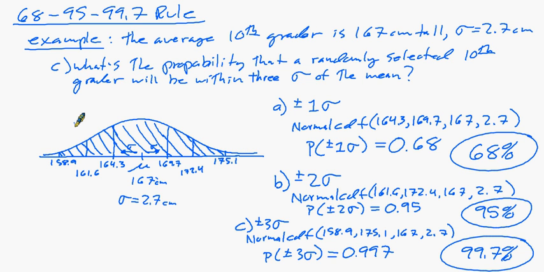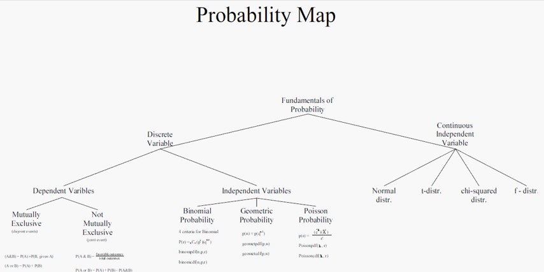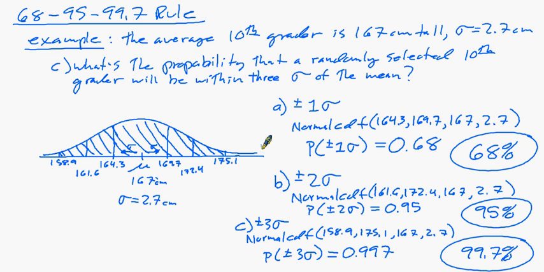As you can see on your probability map, there we go. Normal distribution is just the first. We have t distribution, chi-squared, f distributions. There are a lot of other distributions that are used for other purposes, but the normal distribution is used very widely.